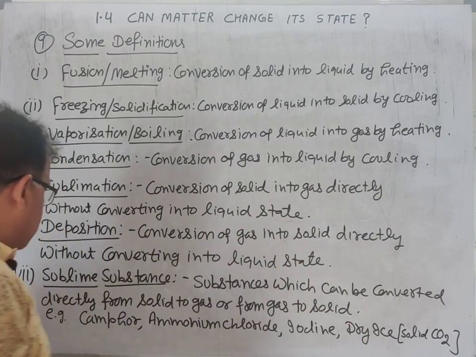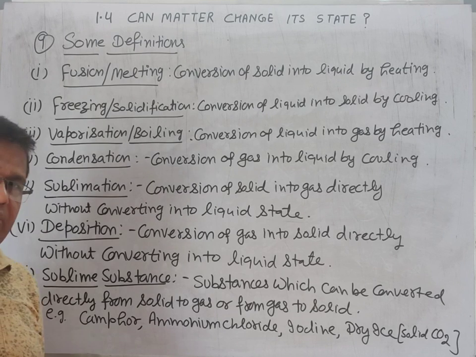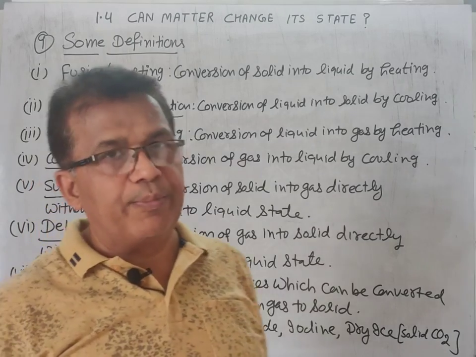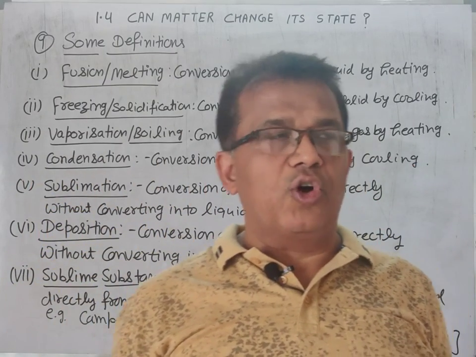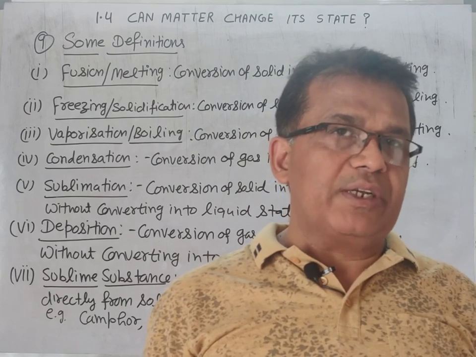So thus today we have studied that temperature can be measured in SI unit in Kelvin or common unit degree Celsius. Then there is a relation between them: Kelvin is equal to 273 plus degree Celsius. Melting point is the temperature at which a solid converts into liquid at atmospheric pressure.